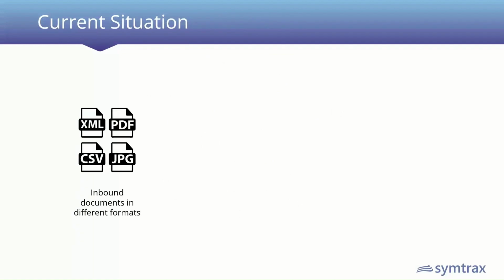What we realize when we are talking to our clients is, first and foremost, different clients or different vendors will be sending you different formats. Some will send you a PDF file, some of them will send you a CSV file, and each PDF file will have its own different format.